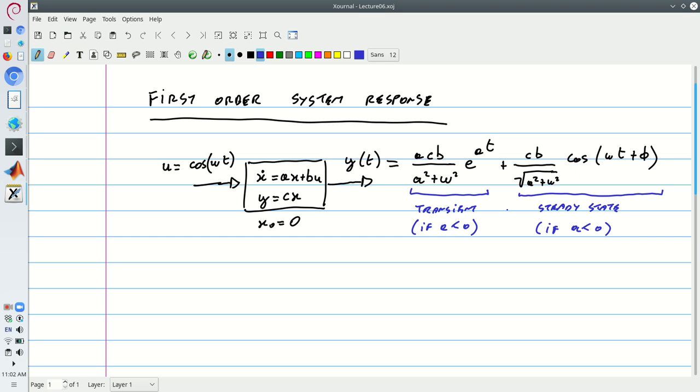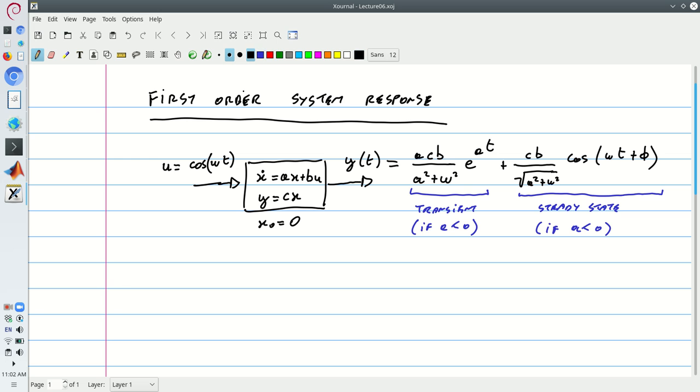But if the system is BIBO stable, and if c and b are different from 0, then the fact that a is less than 0 makes the exponential term go to 0 pretty quickly, and so we are only left with this steady state response.